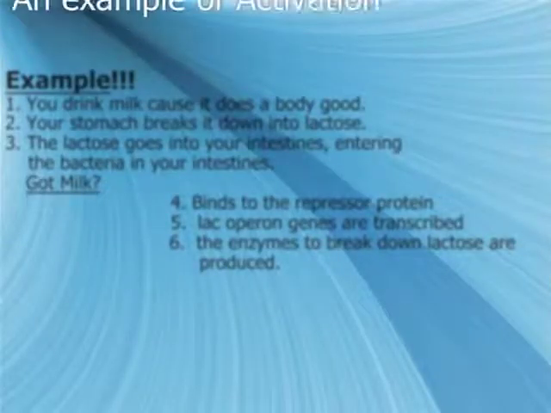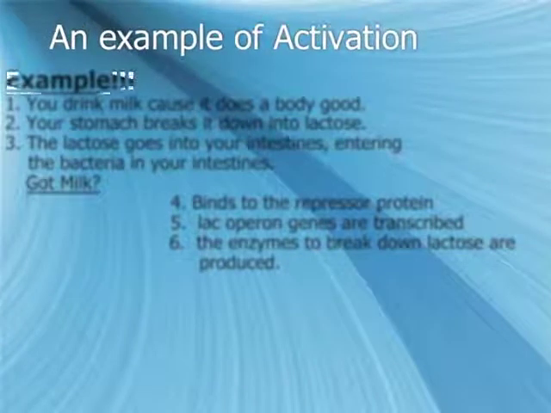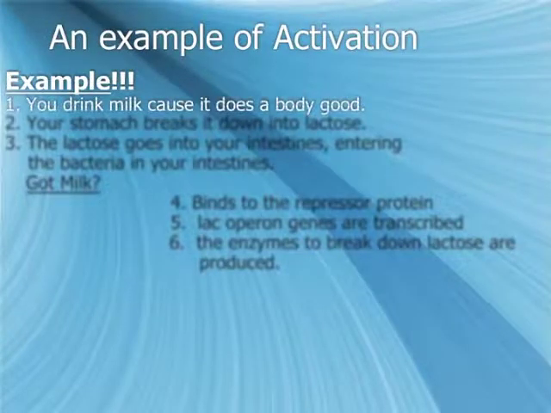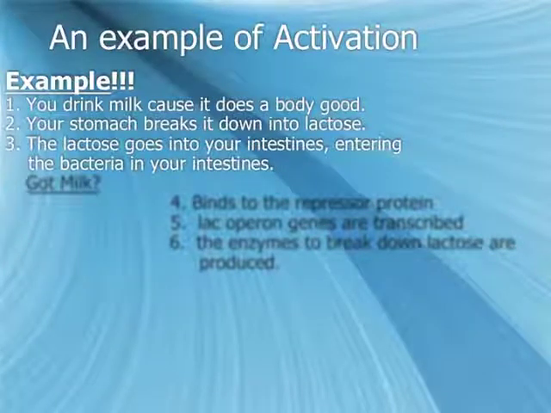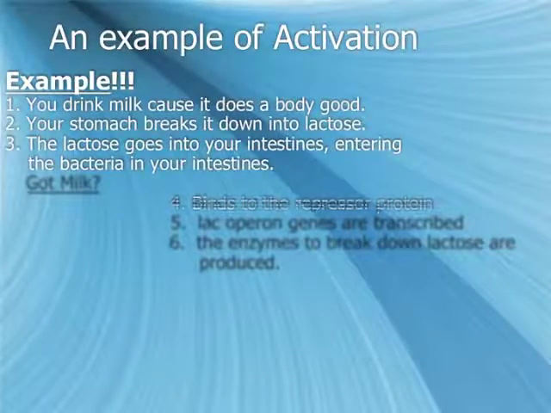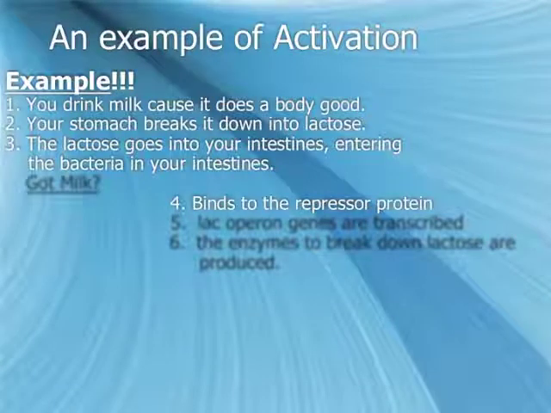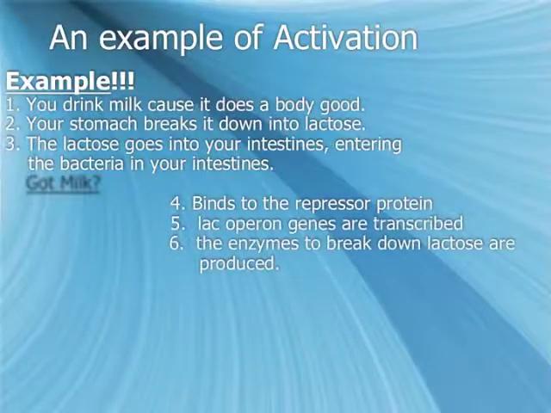So, for example, you drink milk. Your stomach breaks down the milk into lactose, and the lactose goes into your intestines, entering the bacteria in your intestines. The lactose goes and binds to the repressor protein and makes it come off of the DNA, and the lac operon genes are transcribed.